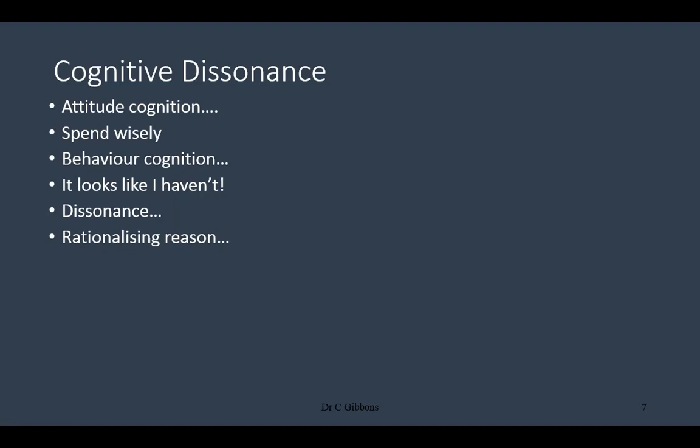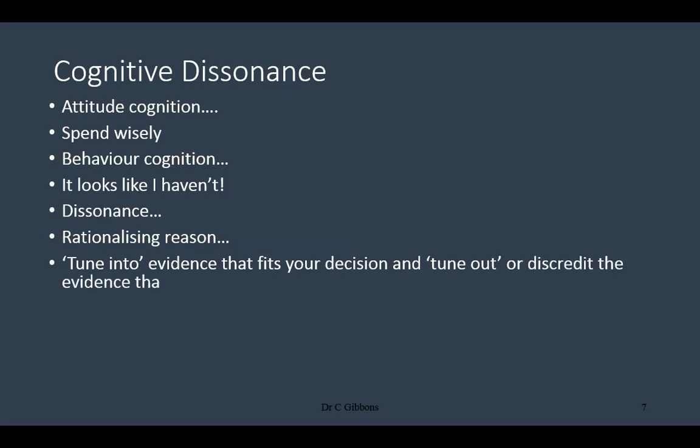So you could square the circle, you could try and get rid of this dissonance by coming out with some rationalising reason. And typically what we find with people who buy things like cars and they discover this is they kind of tune into evidence that fits with the decision they made. They tune into evidence that affirms all the good features of the car they've bought, and they actively tune out, they discredit, they poo-poo the evidence that doesn't fit in with the decision they made.